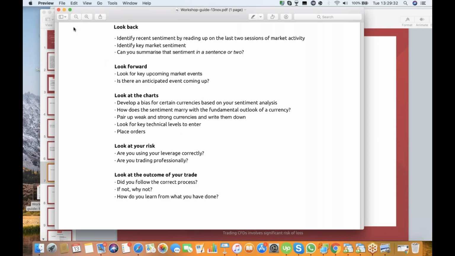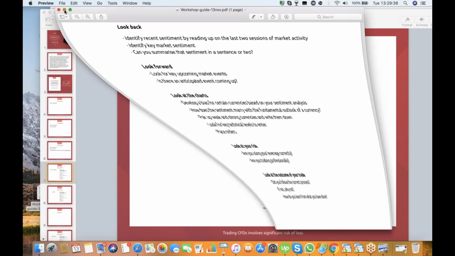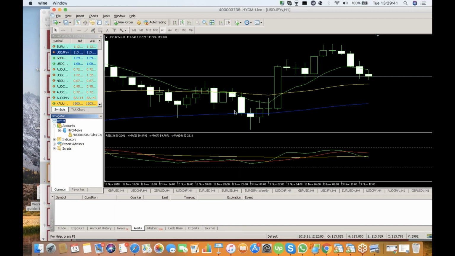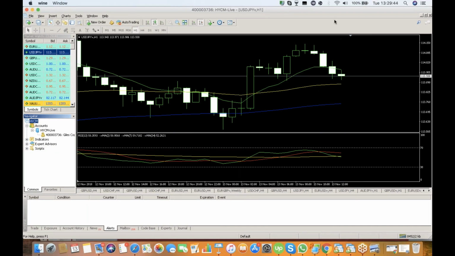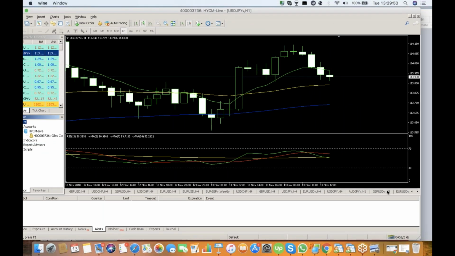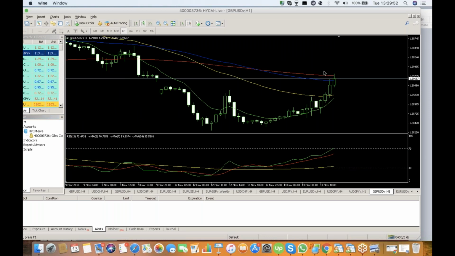Okay, so if you would like to open up your charts, let's look at the pound US dollar pair first and foremost. Okay, so let's go to the pound US dollar. If you open it up, there we go.